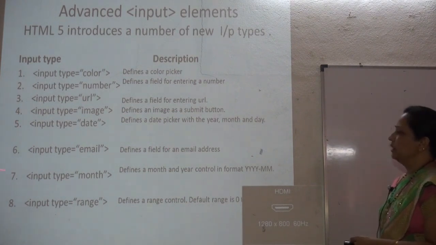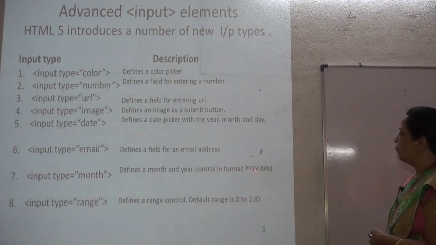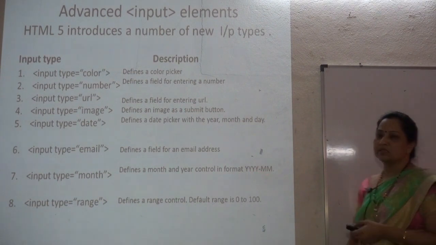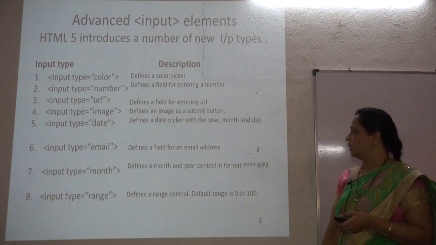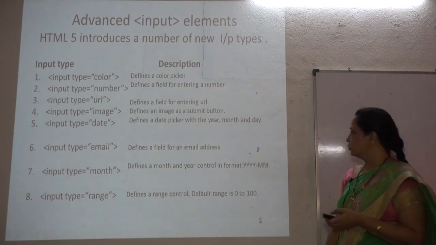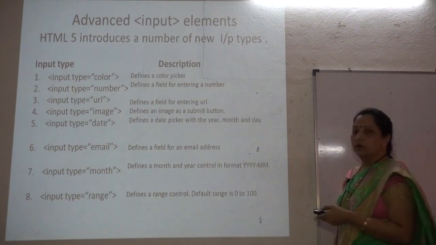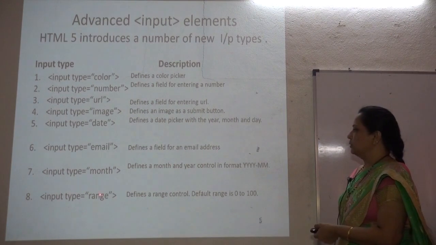Number 7, input type equal to month, defines a month and year control. For example, now we have the year 2020 and the month is May, so we can write it as 2020-05.